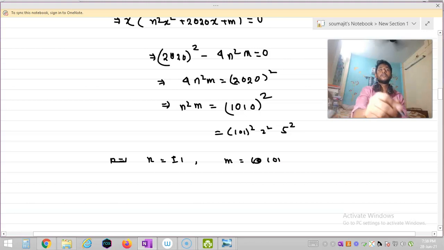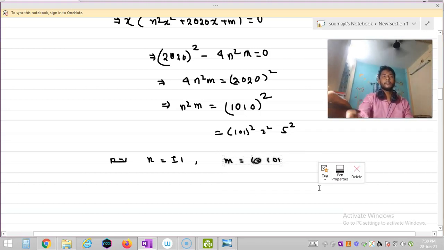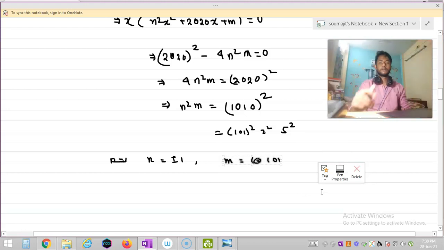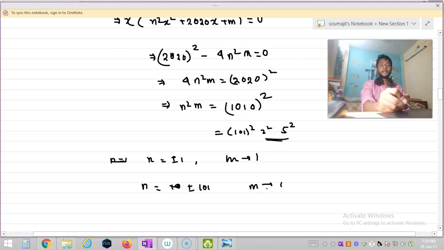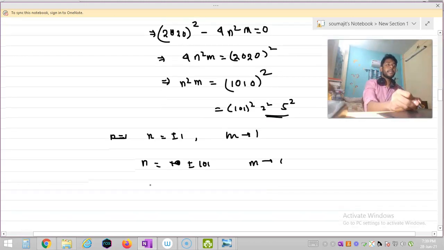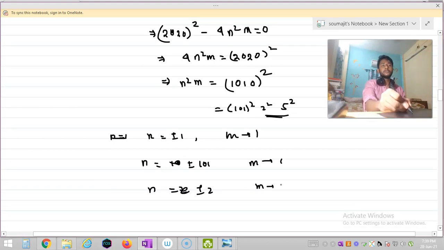Hence I can say that there exists only one value of m. Now if n equal to plus minus 101, then m equal to this value, so there is only one possibility of m. If n equal to plus minus 2, again there is only one possibility of m.